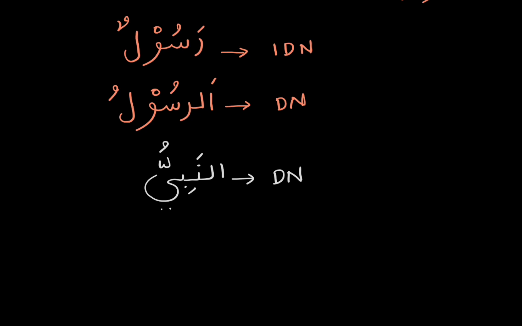Similarly, if we write nabiyun without any alif lam at the beginning and with a tanween at the end, this is an indefinite noun. So these are the signs. If you want to identify a definite noun, look for alif lam at the beginning of a word.